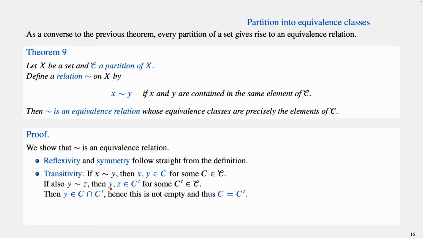So this means y is contained both in C and C prime, so it's in the intersection of the two. And this means the intersection of C and C prime is not empty.